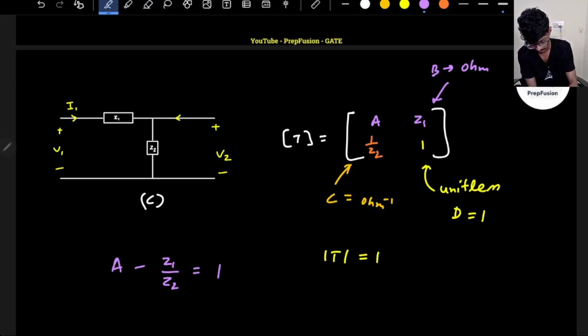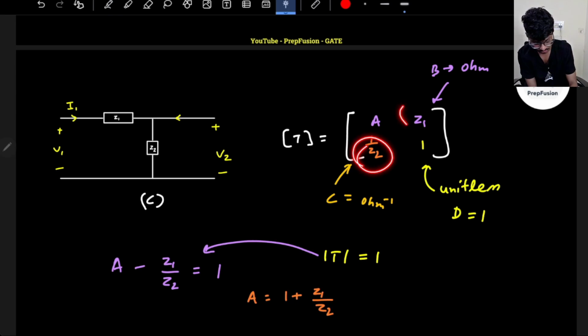From this equation, I get the value of A. So A will be 1 plus Z1 divided by Z2. Remember this one, this one, this one; ultimately, this one you will automatically find out with the determinant condition. If you tend to forget, this is how you can remember it. That's it for this network.